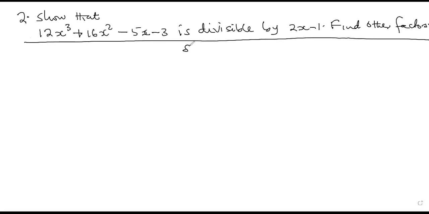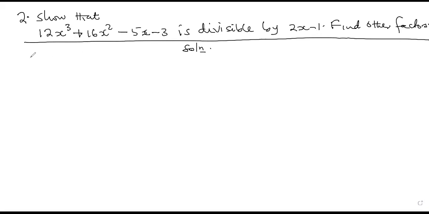The moment they want you to show that it is divisible by this, it means you have to first carry out long division. You divide the polynomial by 2x minus 1. The fact that I've said it is divisible, it means that it has to leave remainder 0.